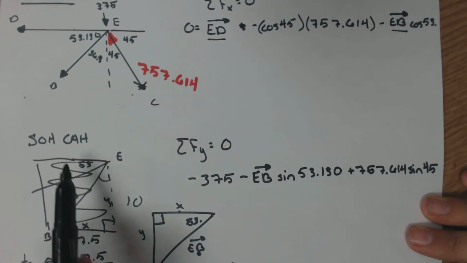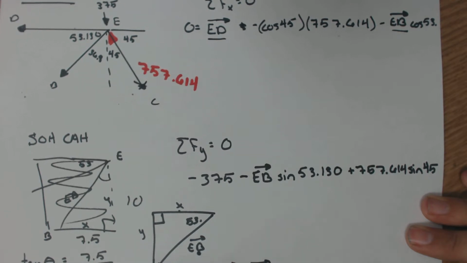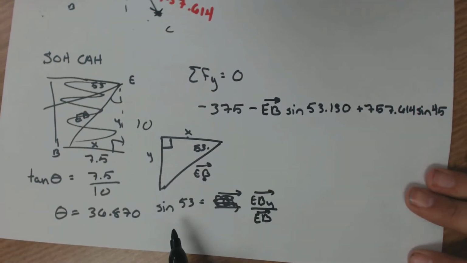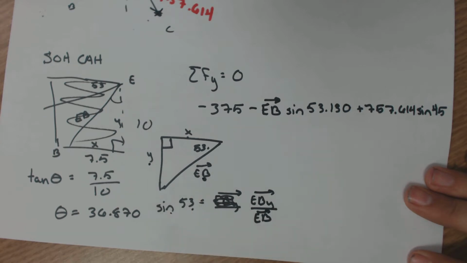My opposite value, opposite of 53 is y, so EB y-axis over the whole EB vector, opposite over hypotenuse. Sine of my angle equals opposite over hypotenuse. That's important because I care about the hypotenuse. I don't care about the y component. I just need to use it for a little while.